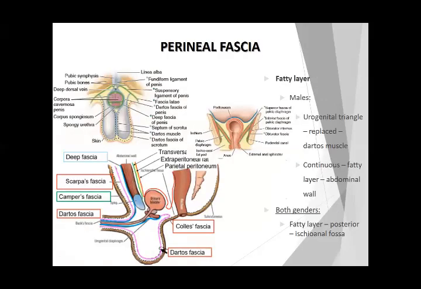What happens in males? In males there's a difference. Look at this yellow sawtooth kind of structure here. This brown line is the skin. On the inside, follow this yellow serrated line.